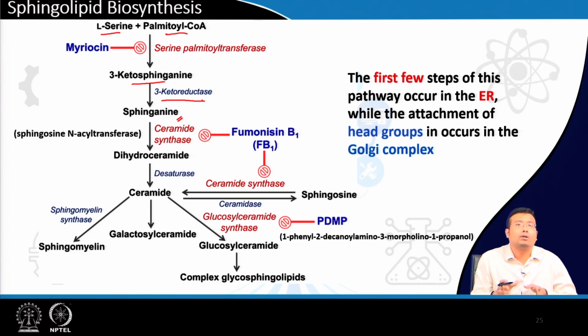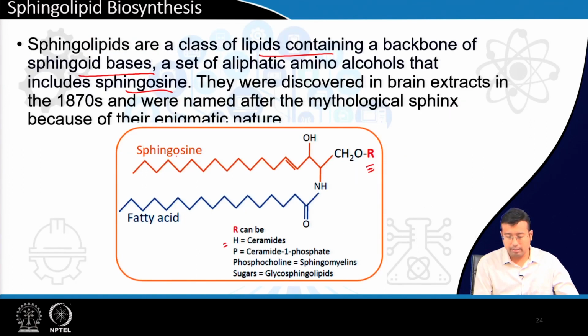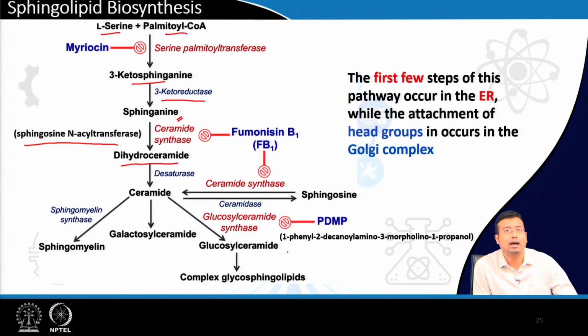The most important enzyme that comes later, I mean after this step, is known as sphingosine N-acyl transferase, also known as ceramide synthase. It leads to formation of dihydroceramide. Mind it, when we are talking about ceramide, it means the R group is simply a hydrogen.